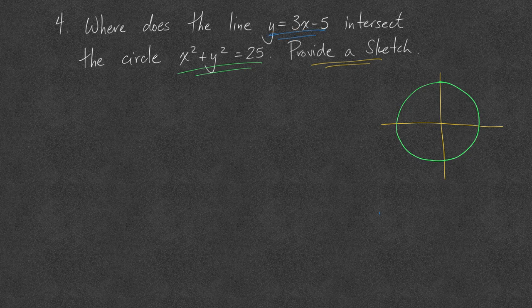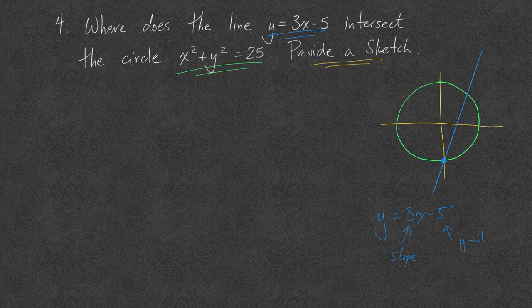I know that the line y equals 3x minus 5 has a y-intercept of -5 and a slope of 3. So if I imagine a y-intercept of -5, but then make it a little steeper than 1, then maybe I draw on my blue line, and I get something like that.